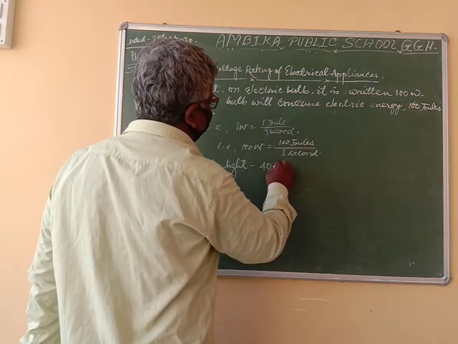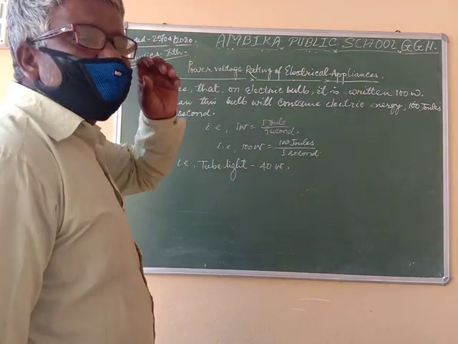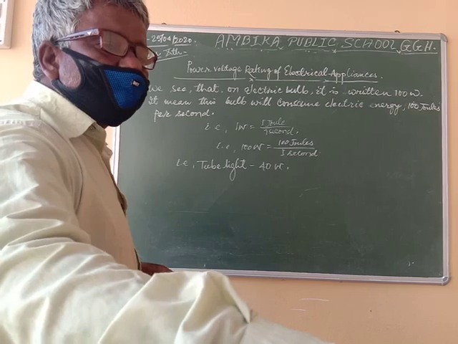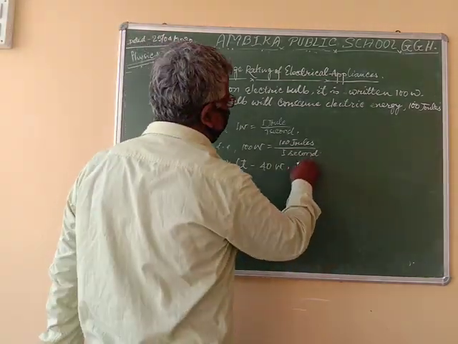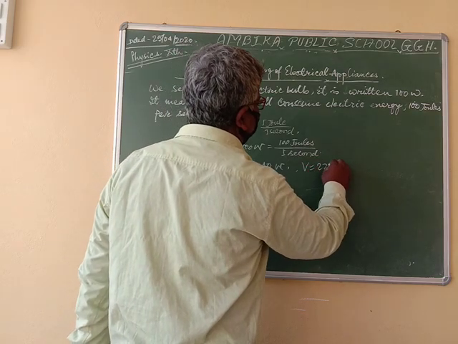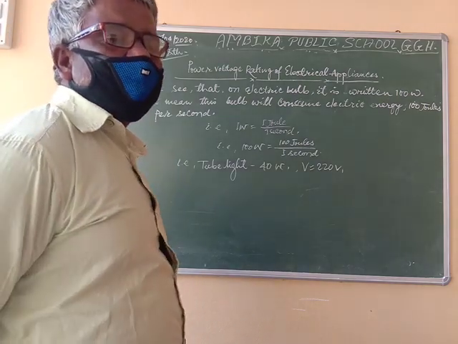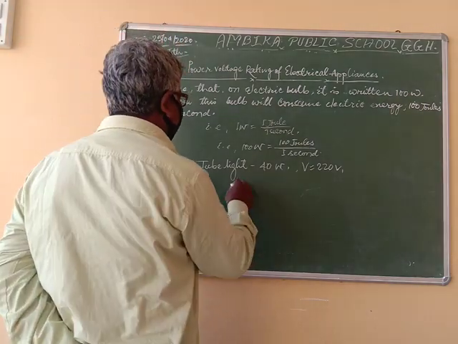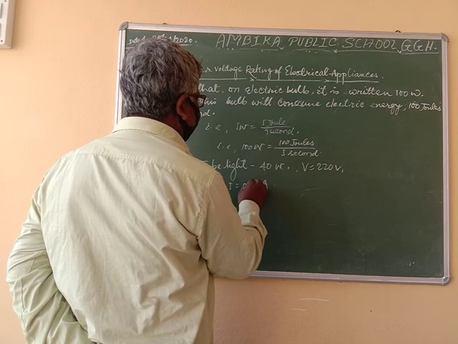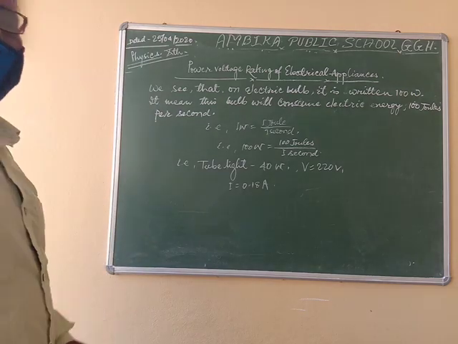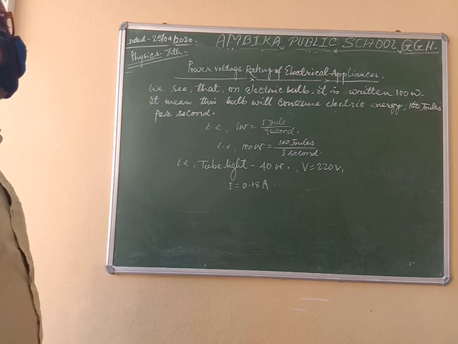Suppose this is a 40 watt tube light. The voltage is 220 volt. Then the current I is equal to 0.18 ampere. So several appliances will consume several amounts of power.